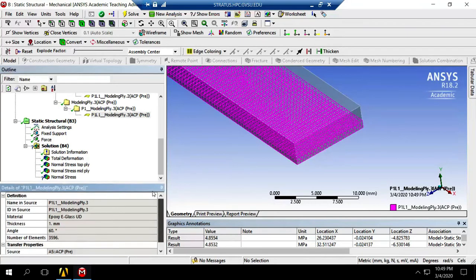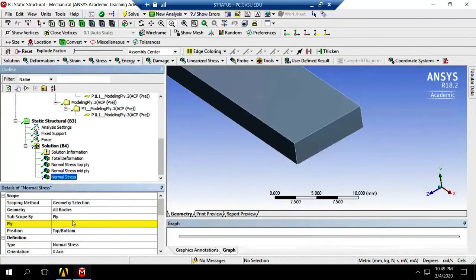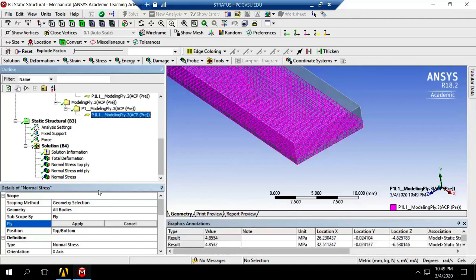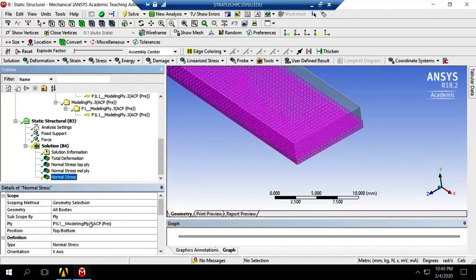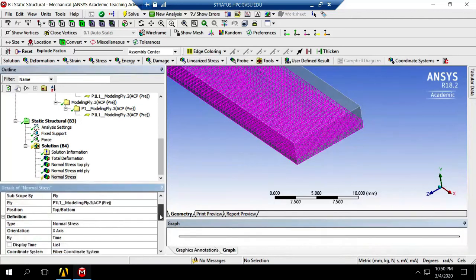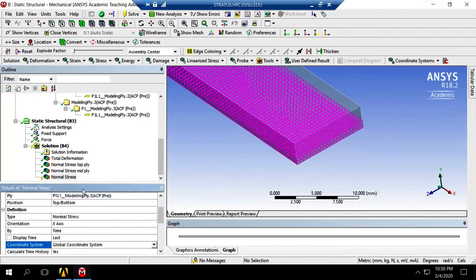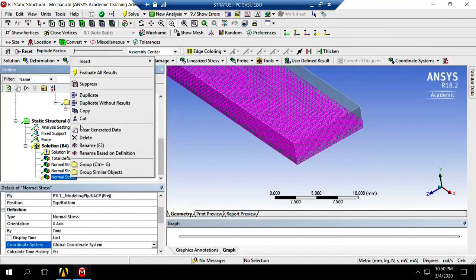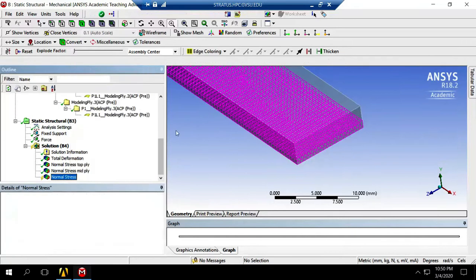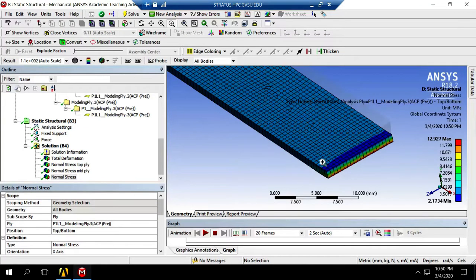And let's see. Okay, I have to select this and then select this and then apply. And let's look at the coordinate system. It is again the fiber coordinate system. I have to change it to global. Right now I'm looking at the global coordinate system.